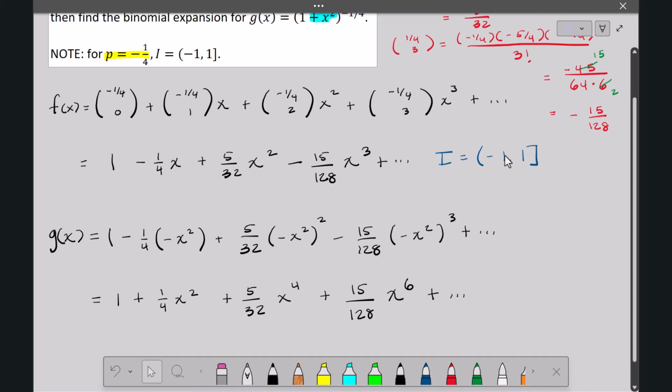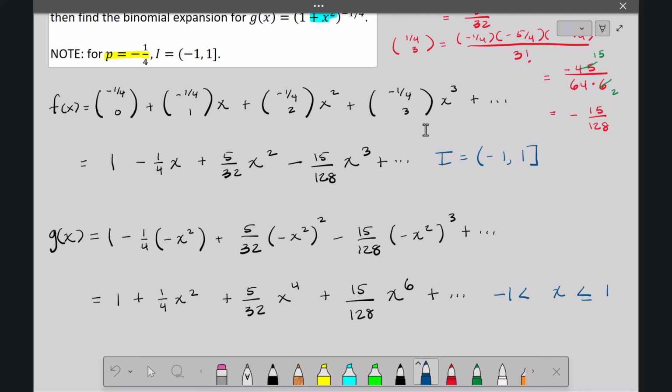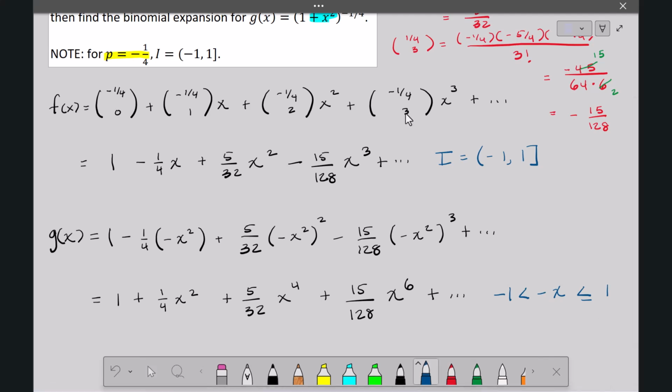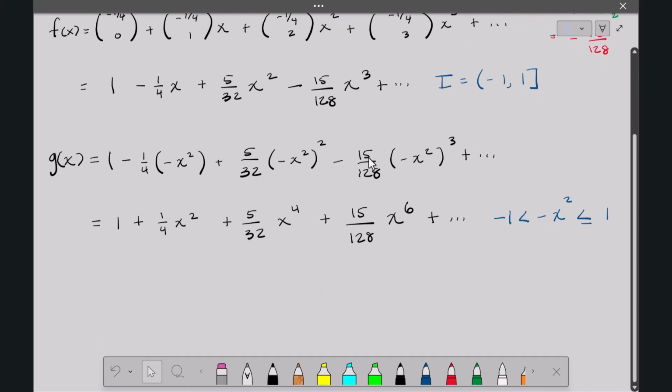But once we have that interval of convergence for f, when we find G as a modification, well, we have to modify the interval of convergence. So the interval of convergence started as this. Well, we replaced x with -x squared, so we do the same thing here. Replace x with -x squared and then simplify that inequality.